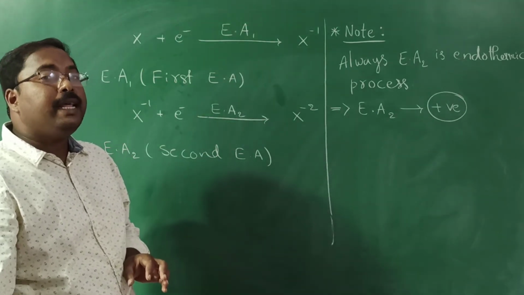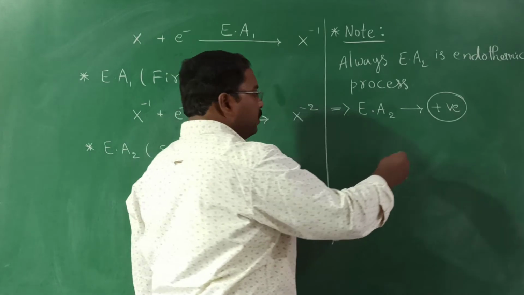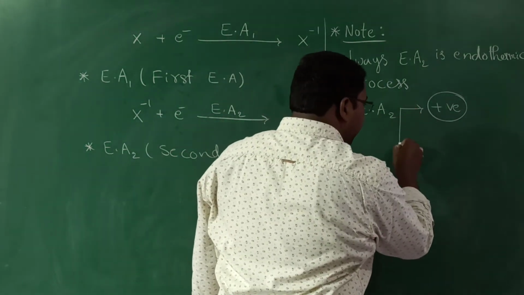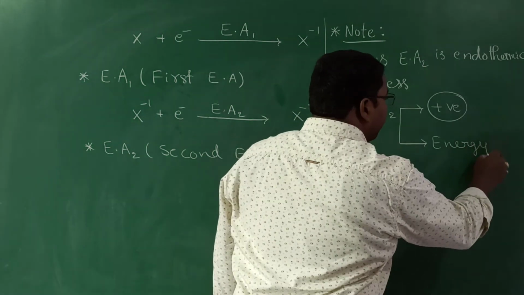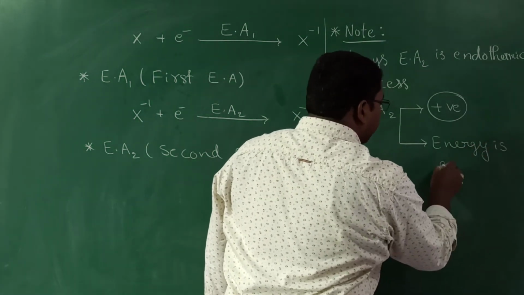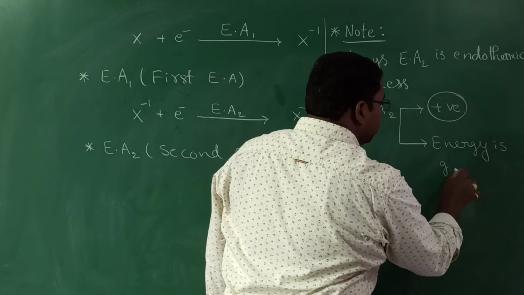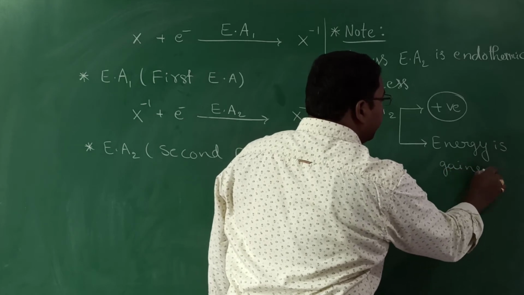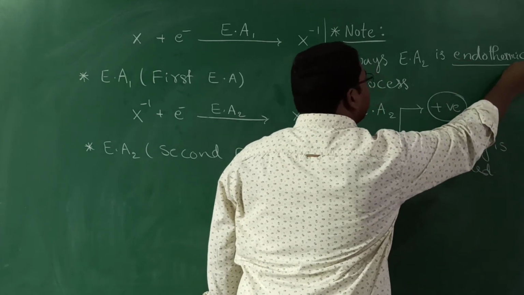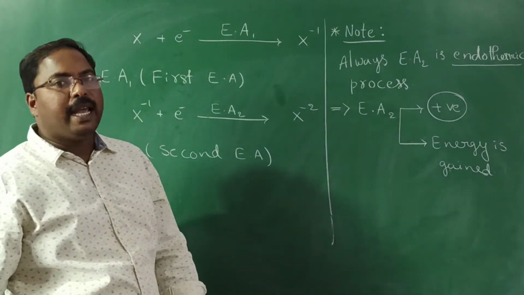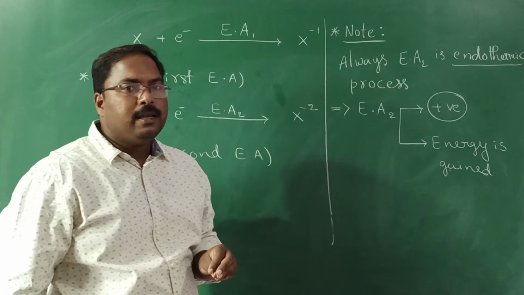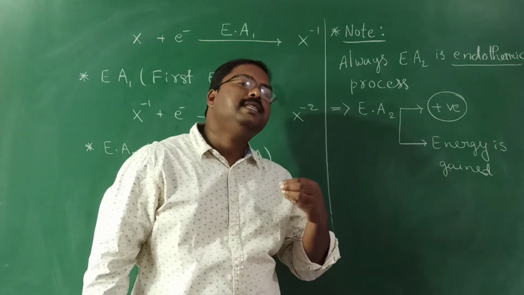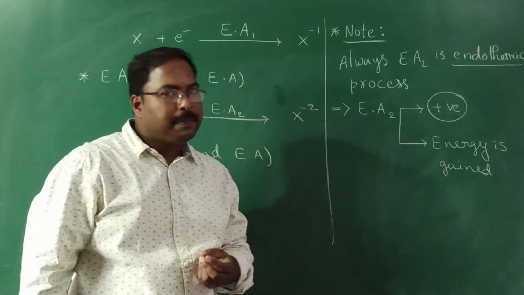Endothermic means what? Energy is gained. Regarding second electron affinity, the positive value represents that energy is gained. The process in which heat energy is gained is known as an endothermic process, and the process in which heat energy is released is known as an exothermic process.